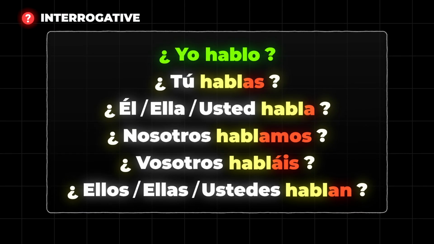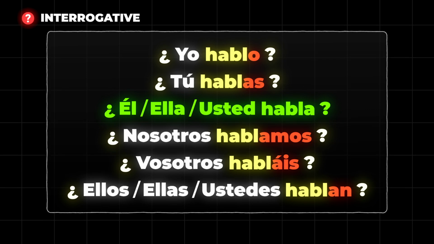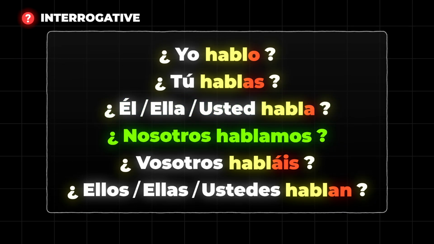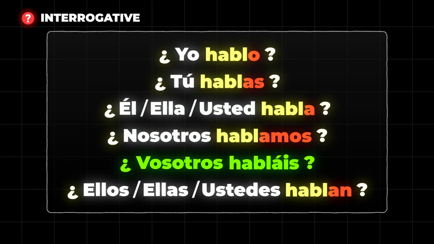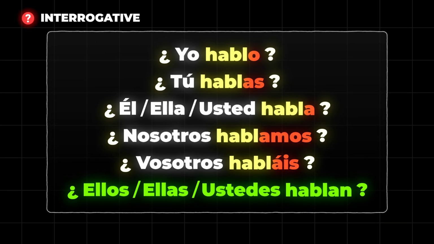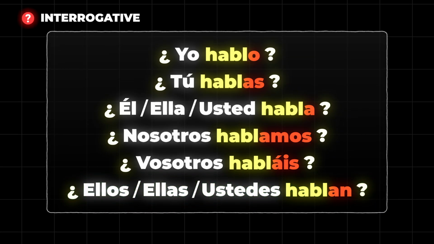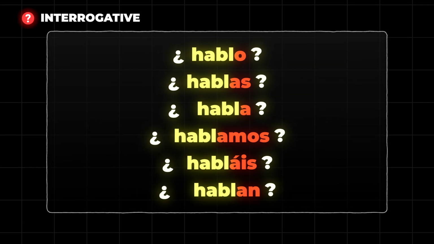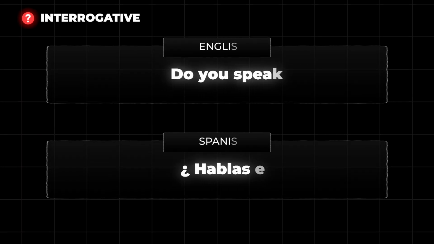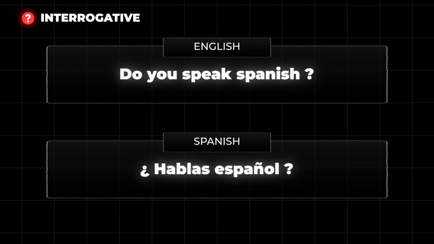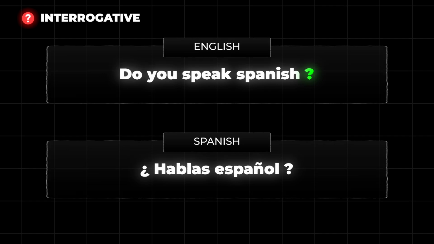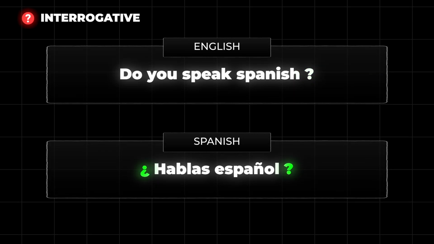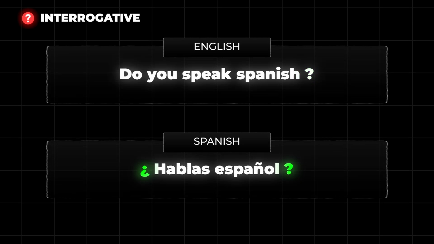And if it's possible, you can pause the video and repeat it with me. Yo hablo, tú hablas, él, ella, usted habla, nosotros hablamos, vosotros habláis, ellos, ellas, ustedes hablan. And remember that you don't need to say the personal pronoun. And something different compared to English is that you need to write the interrogative symbol at the beginning and at the end of the sentence.